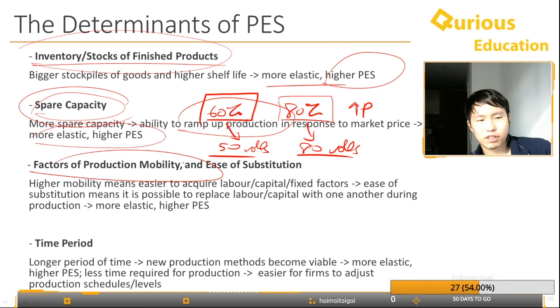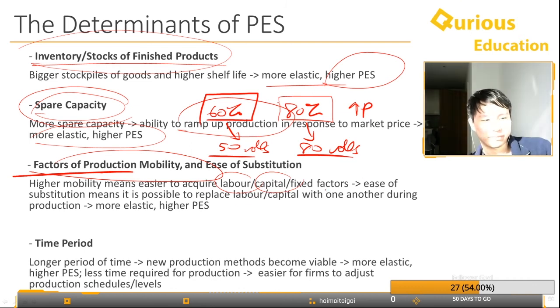Third factor: factors of production mobility and ease of substitution. So what are factors of production? If you recall, they are things like labor and capital. Labor just means the number of people you employ, and capital would be the machines that help you make toilet paper.